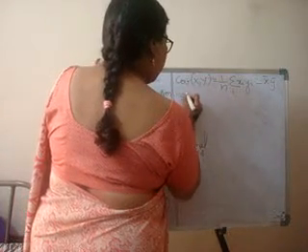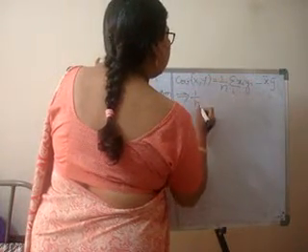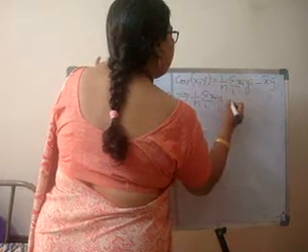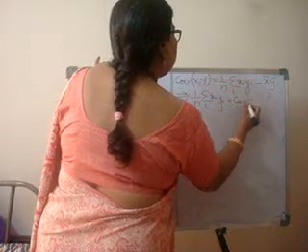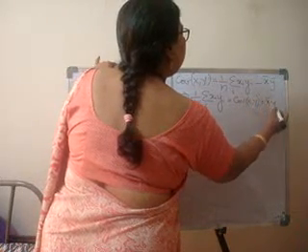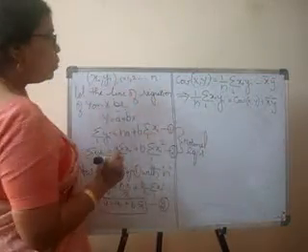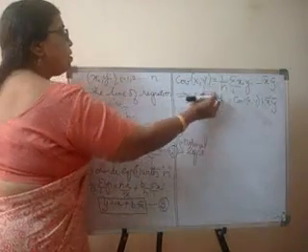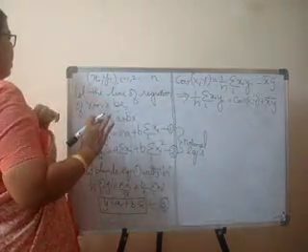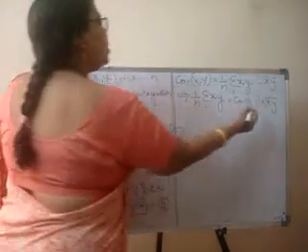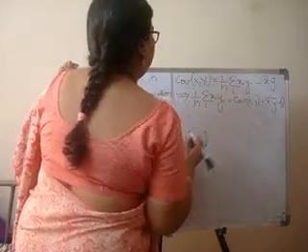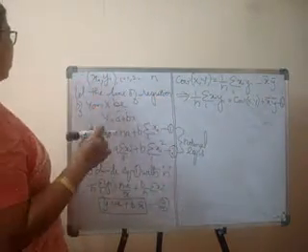This implies 1 by n summation over i xi yi is equal to covariance of x comma y plus x bar y bar. So I have brought this term here and the covariance term to this side. This is called equation number 4.